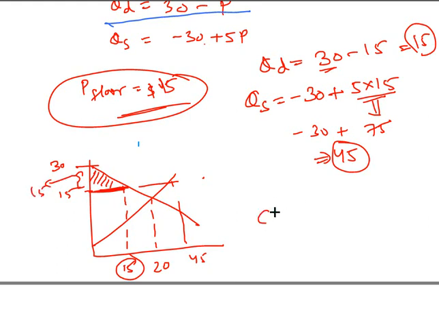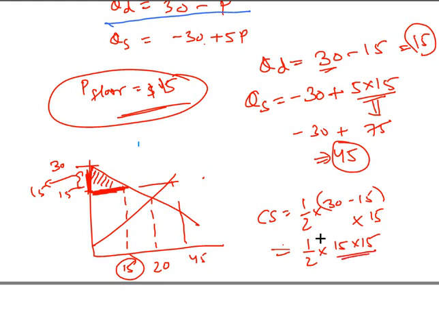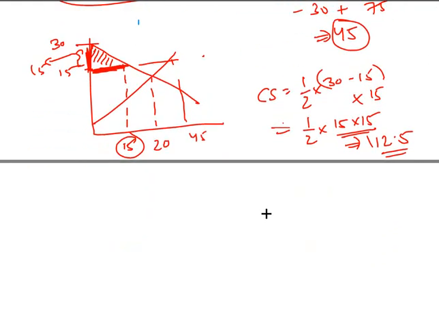So the consumer surplus will become half into 30 minus 15 into this 15, which will be half into 15 into 15, that is 225 by 2, so it will be 112.5.